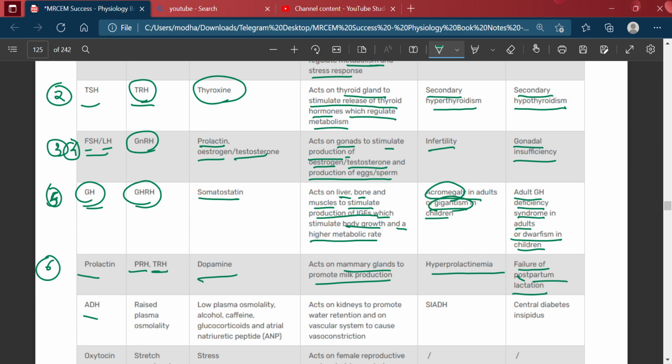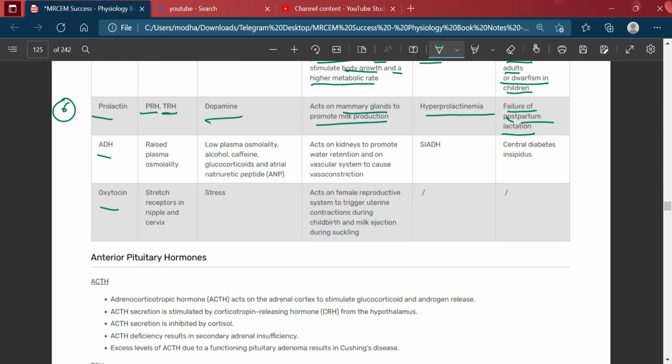Then antidiuretic hormone. It's released from the posterior pituitary. Its stimulating factor is raised plasma osmolality, and the inhibiting factors are low plasma osmolality, alcohol, caffeine, glucocorticoids, and atrial natriuretic peptide.